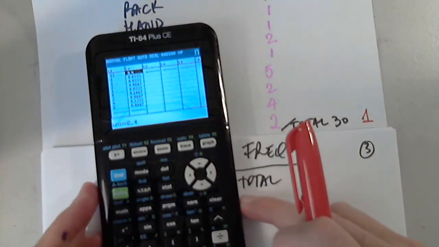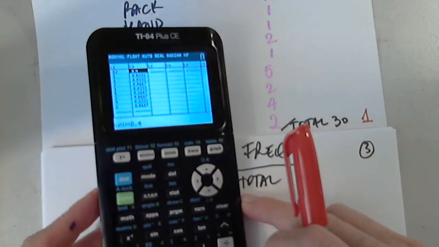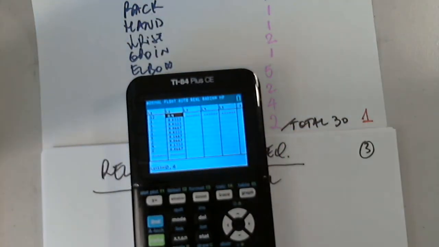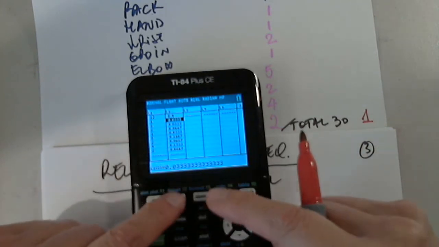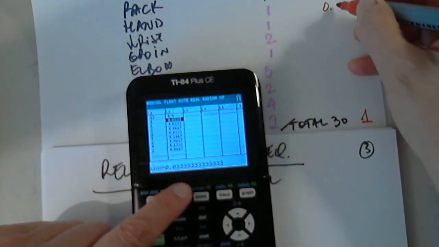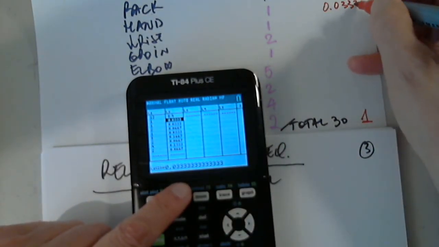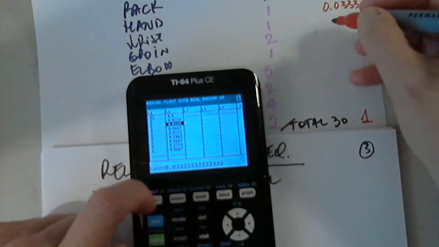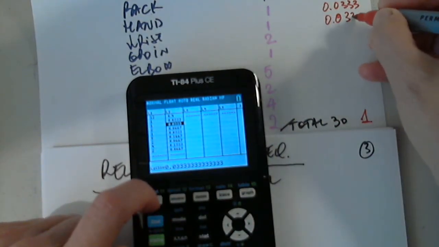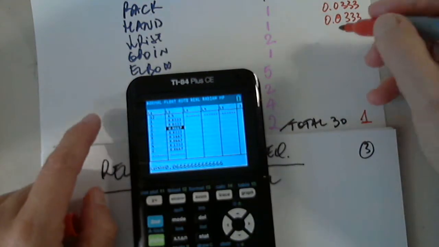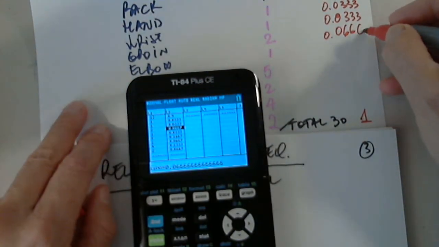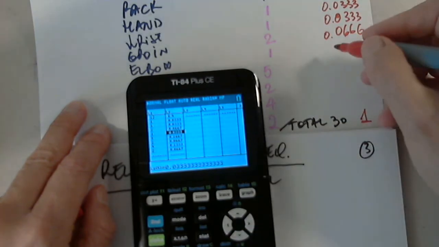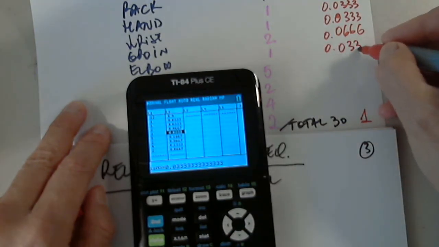If the total is not 1, then I have to round up or round down, who knows. Okay, so let's say we stick with 4 decimal digits. So the first one is very clear, it's 0.4. The next one is 0.0333. The next one is the same, 0.0333. The next one is 0.0666. The next one is again 0.0333.